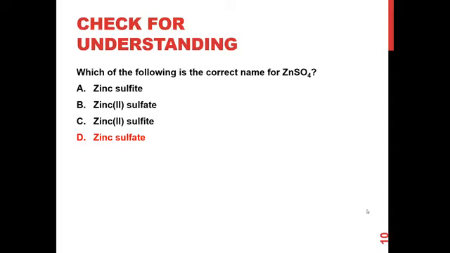The answer is that zinc, you might recall, is one of the transition metals that only forms a singular type of ion, in this case a 2+ ion. Therefore, it does not require a Roman numeral.